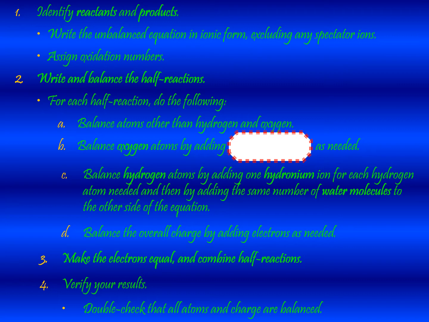For each half reaction, you do the following. You balance all the atoms other than hydrogen and oxygen, just balance them automatically, put them on the other side. Then you balance oxygen atoms by adding water molecules as needed. Then you balance hydrogen atoms by adding any hydronium to the other side as needed.